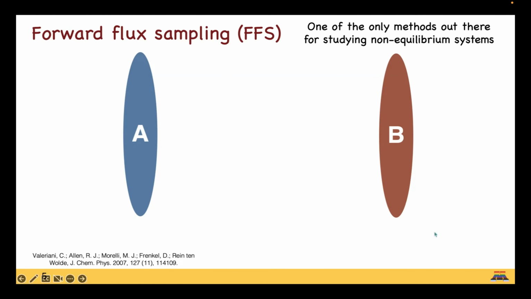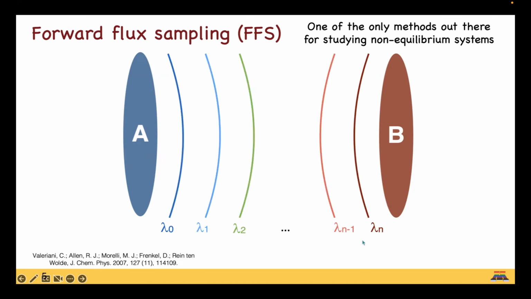And so what you do in forward flux sampling is the following. As you do with TIS, you decide the transition you want to observe. You're going to divide your phase space into a basin A and a basin B. And then you're going to specify some interfaces in between A and B. This is something that we did yesterday for TIS as well.